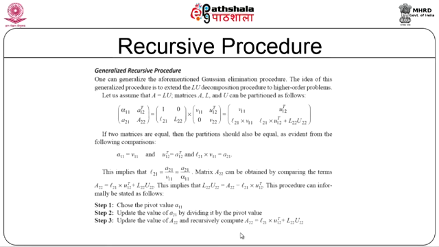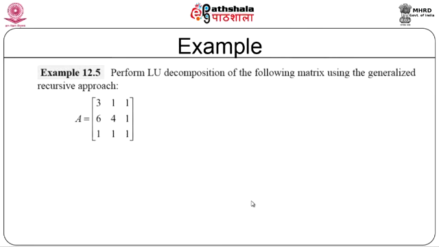You can see that we use the pivotal value A11, and by keeping this pivotal value A11, we are going to update A21 by dividing that by the pivot value, and once we have that, the value of A22 is going to be recursively computed using this particular procedure. So, this is recursively applied to the given matrix to get the result.